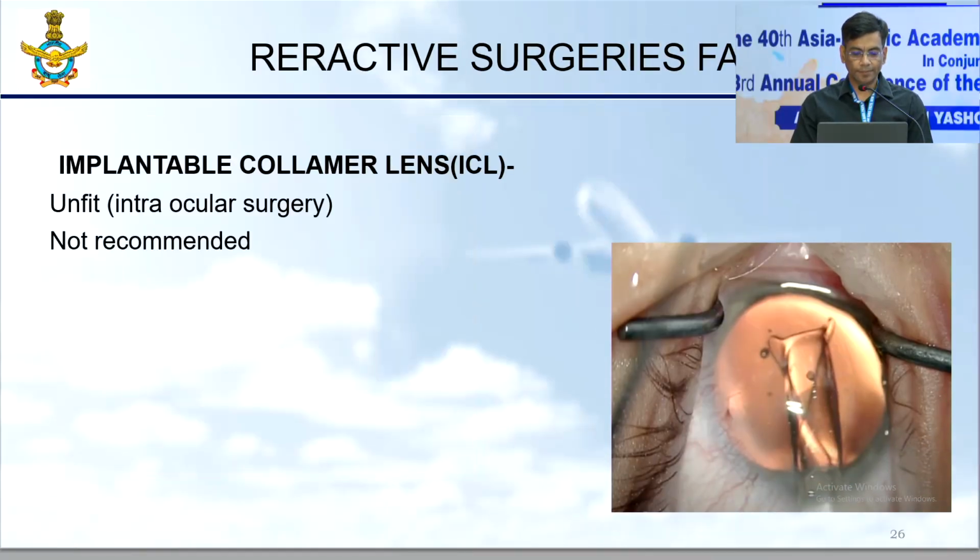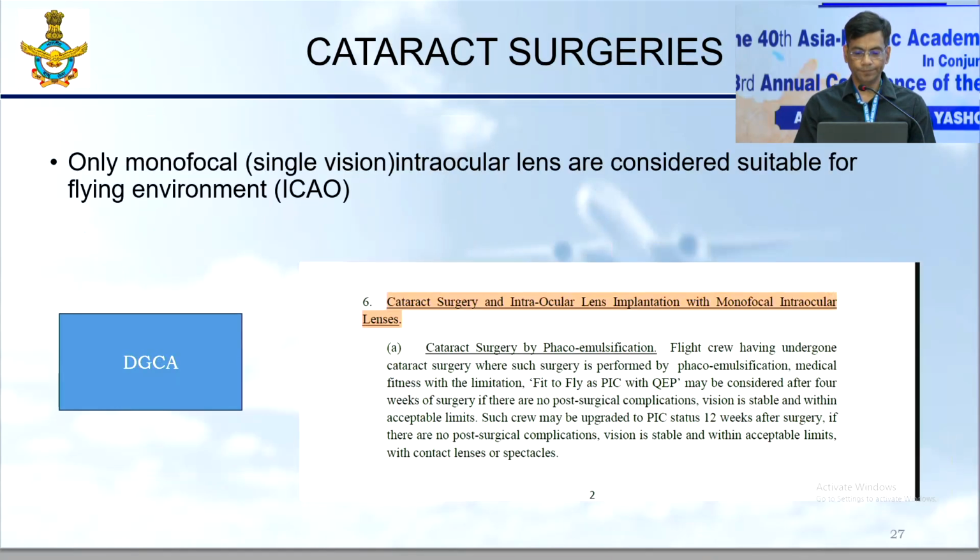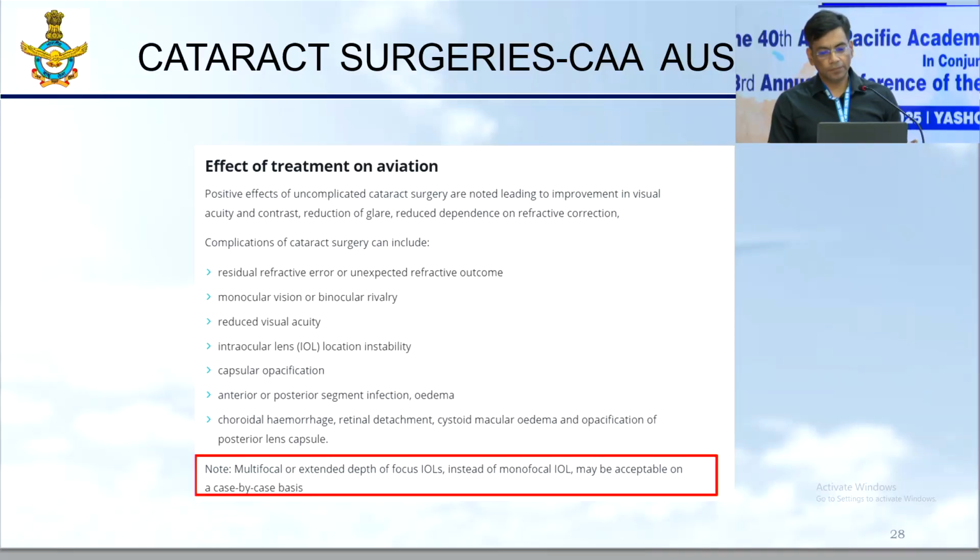ICL is obviously not accepted. It is already given in the IAP. On cataract surgery, the thing we generally encounter is that the ICAO manual clearly says it only considers monofocal lenses, and the DGCA manual, our Indian manual, also says only monofocal intraocular lens implantation. But when we compare with other aviation authorities like CAA Australia, the Civil Aviation Authority of Australia, multifocal or extended depth of focus IOL instead of monofocal IOL may be accepted on a case-to-case basis.